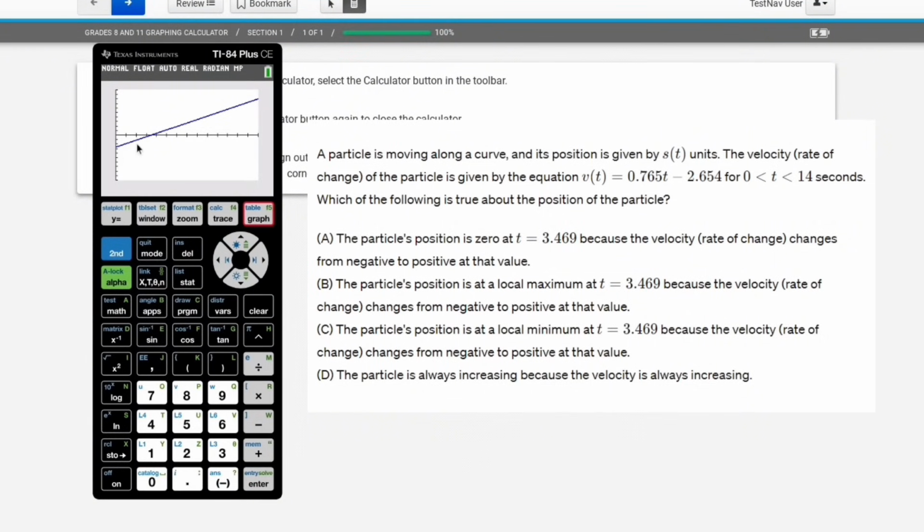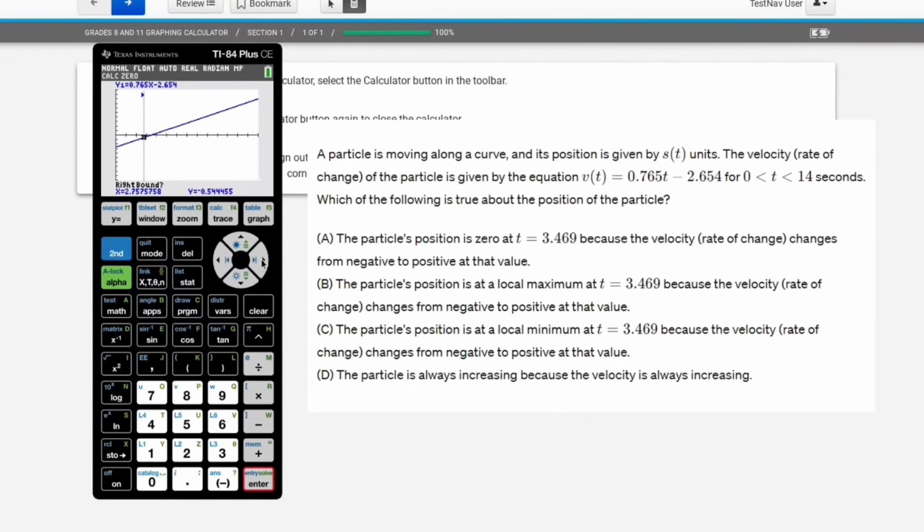Now, remember what I said on the slide. When you have a negative slope, that means your actual function is going down. When we have a positive slope, that means our actual function is going up. So here is a negative slope, here is a positive slope, and we should probably find out where that changes. Second calc, zero will tell us where our slope, or this velocity function, changes from negative to positive.